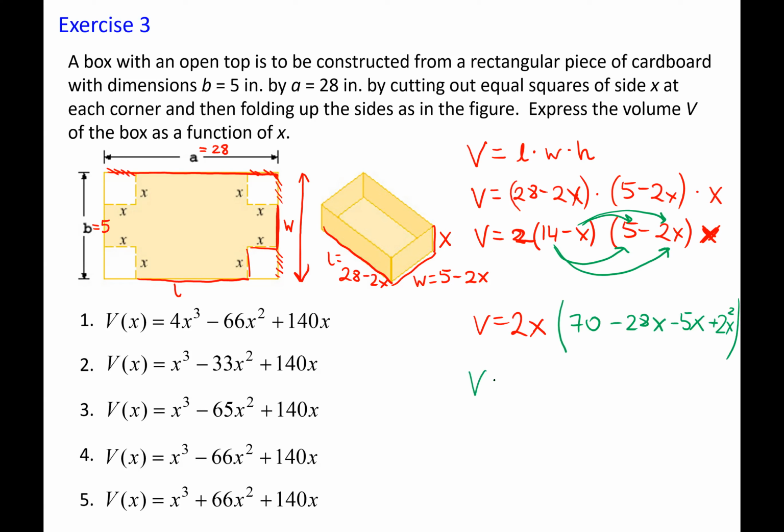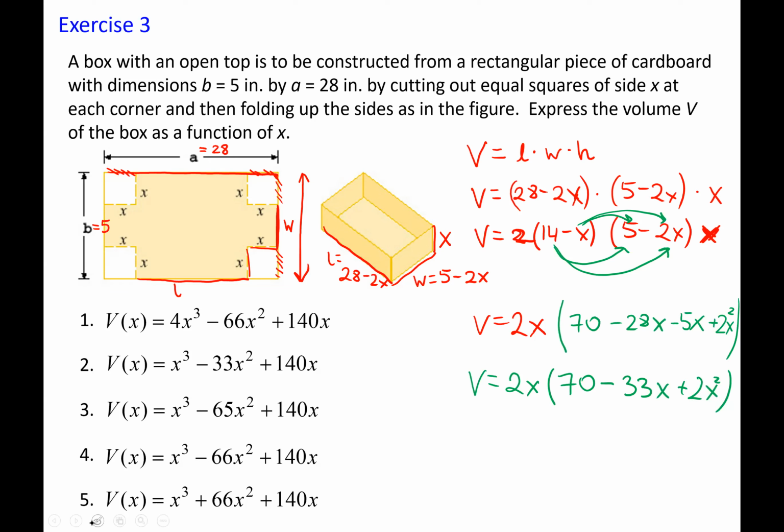Now I can simplify in the parentheses: 70, negative 28x and negative 5x, negative 33x, plus 2x squared.